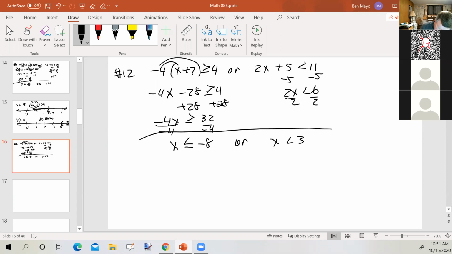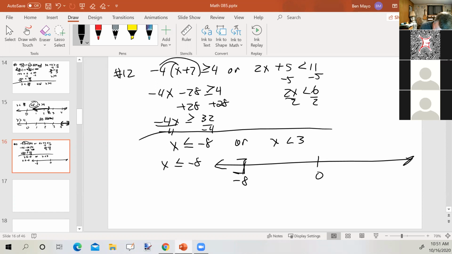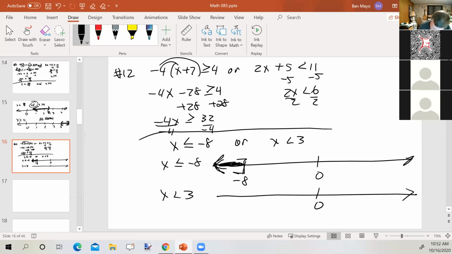So x less than or equal to -8 is going to look like that, everything below and including -8. x less than 3, wait a second, is that right? x less than 3, yeah, that's going to be here.